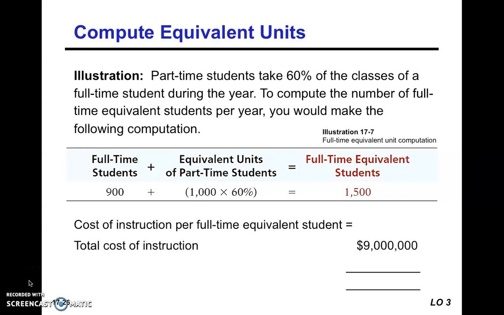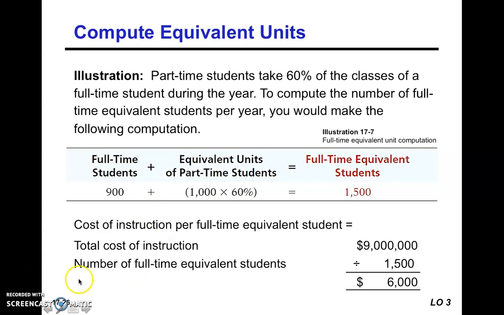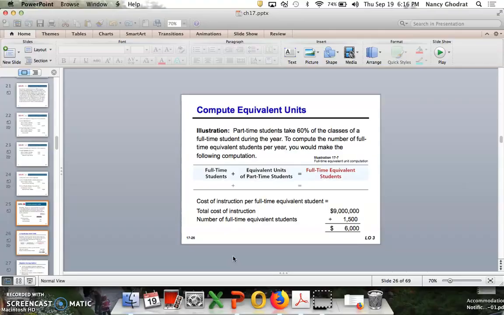Therefore, the cost of instruction in the numerator divided by the equivalent number of full-time students gives us the cost of instruction per student, being $6,000. So the challenge in this chapter is converting the ending work in process, the unfinished jobs, like the part-time students, into finished jobs, equivalent finished jobs.